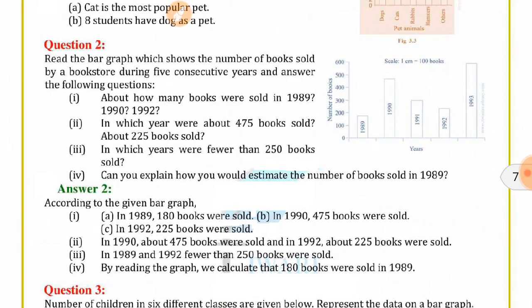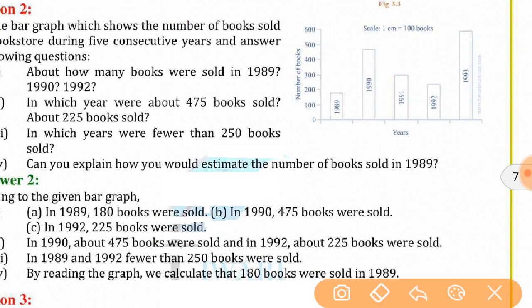Consecutive years are 1989, 1990, 1991, 1992, 1993. We have to see the number of books sold in 1989, using the scale with a minor line to observe the numbers.